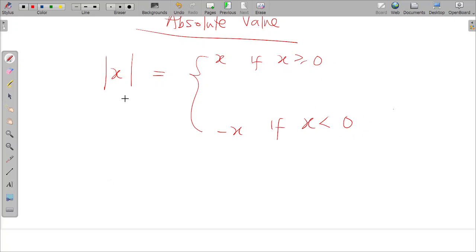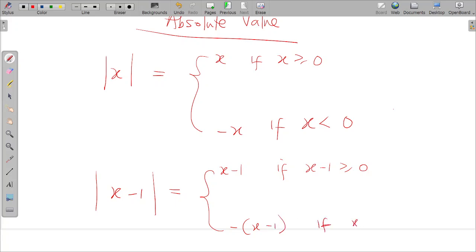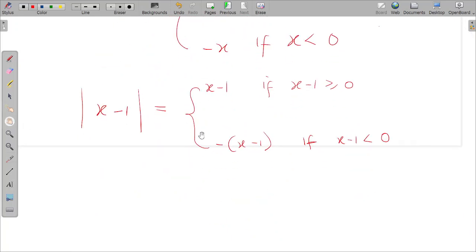So if you are given the absolute value of x minus 1, you can define it the same way: x minus 1 if x minus 1 is greater than or equal to 0, and minus (x minus 1) if x minus 1 is less than 0. Is that clear?